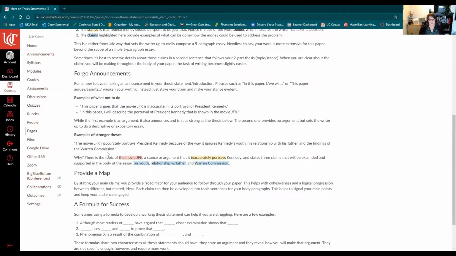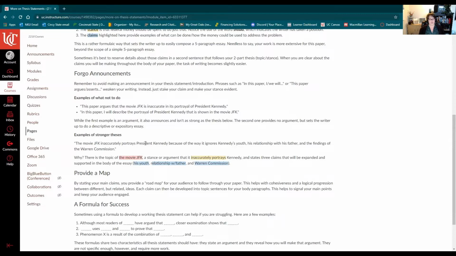So why is this one stronger? We have the topic, the movie JFK, right? We have the stance or the argument. Where is it? I have it highlighted here. It inaccurately portrays President Kennedy, right? That's somebody who's got an opinion.